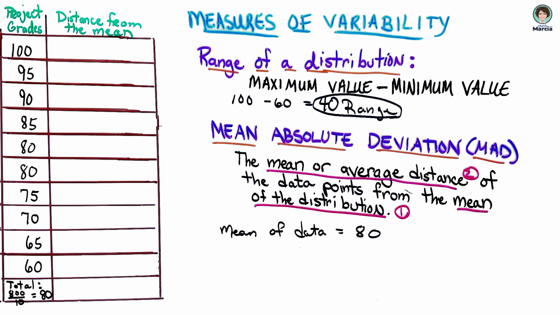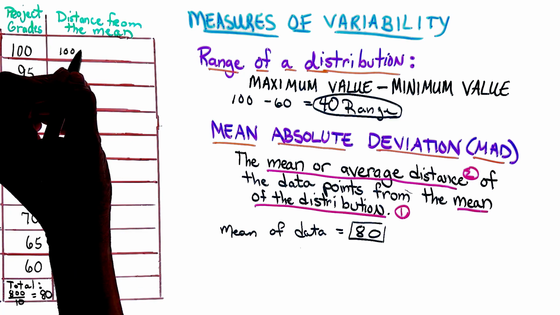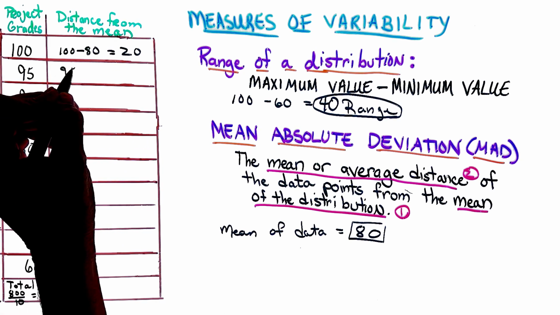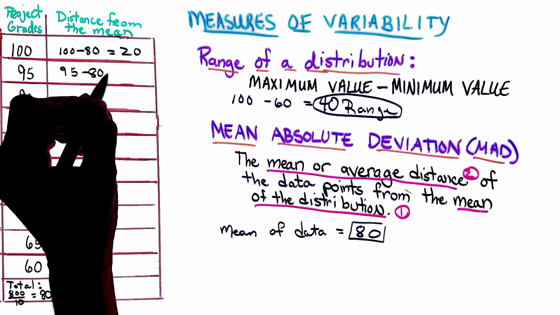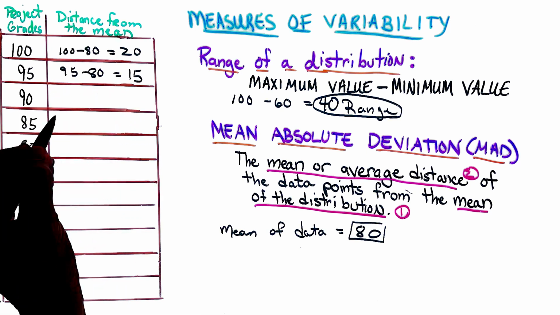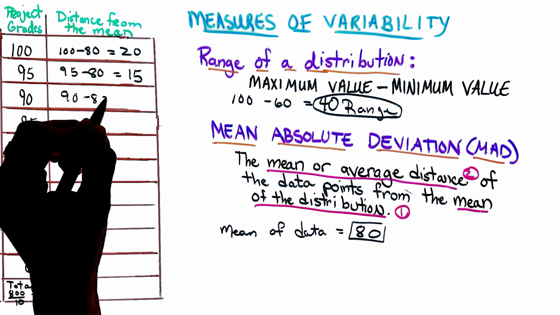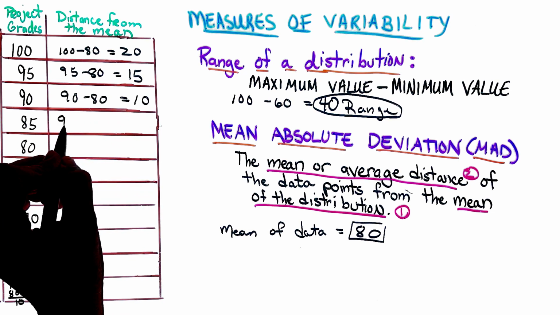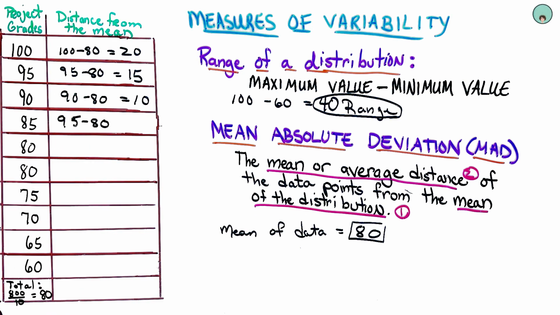So now to find the MAD, we have to take this 80 and subtract it from each one of our points, our grades. So 100 minus 80 is equal to 20. 95 minus 80 is equal to 15. 90 minus 80 is equal to 10.